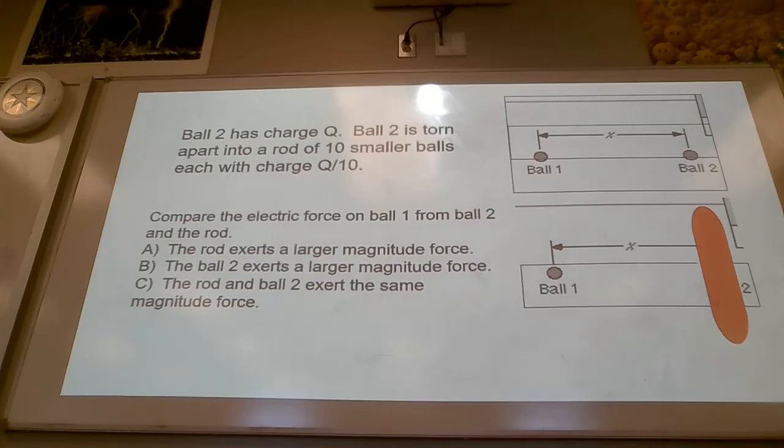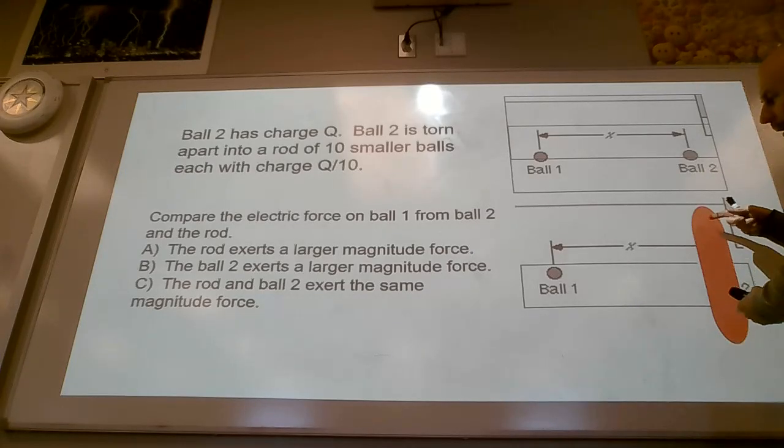Tell your neighbor. Correct answer is B. Agreed.